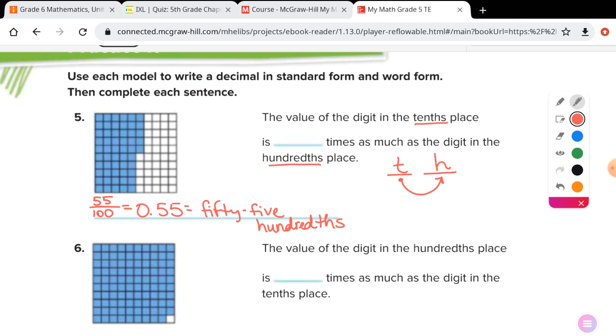How do I decide if it's times 10 or times 1/10? Sophia? Yeah, if I'm moving to the right or the left. So on this one, we're going to write out that we're moving to the right. So that equals times 10. So then up in the blank is 10 times as much.